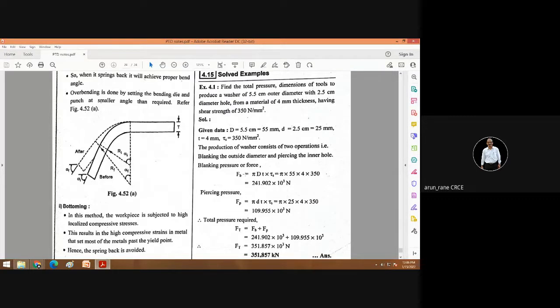Alright, so we'll convert everything into millimeter.